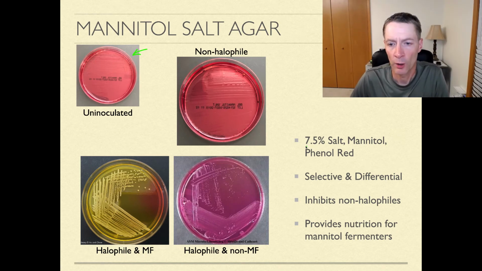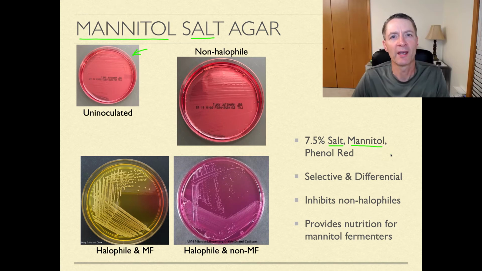Okay, so what we find in a mannitol salt agar, and if you just think a little bit, it tells you we have salt, high concentrations, relatively, with 7.5, and mannitol, which is a type of alcohol that has sugar properties. Organisms can get energy from mannitol like they can from sugar, if they have the enzymatic capability, of course, right?